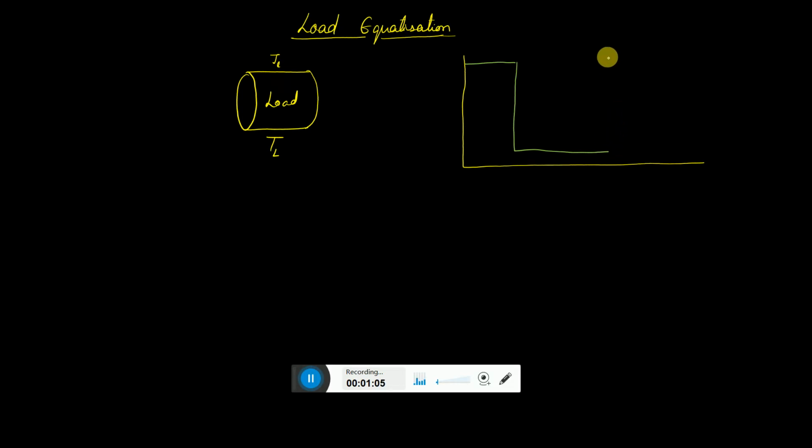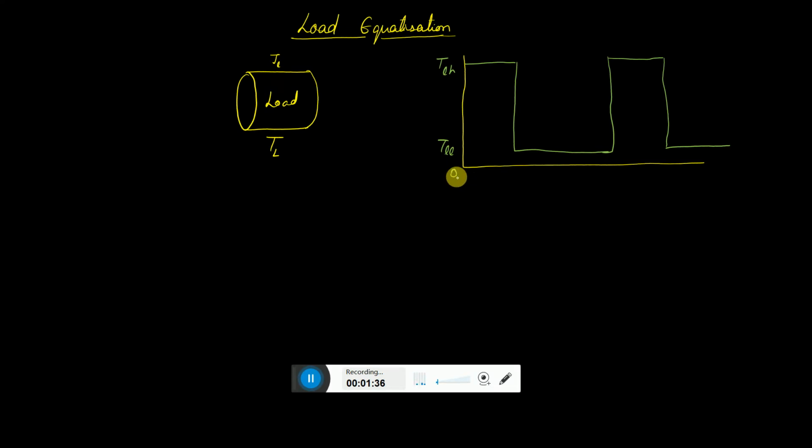Then again it is working for a very high load, then again for a certain time it is working at no load. So this is the electrical hammer. Suddenly the load is very high, then once the work is over, the load is no load. So we define it as TLH for a high load and TLL for a low load.